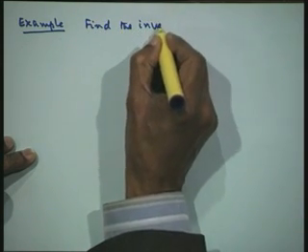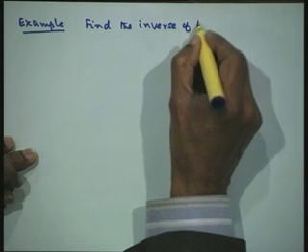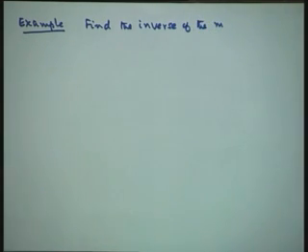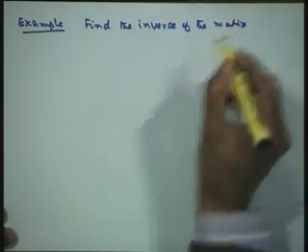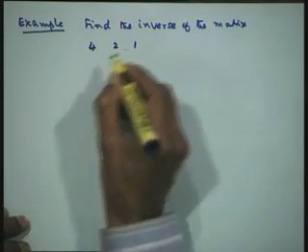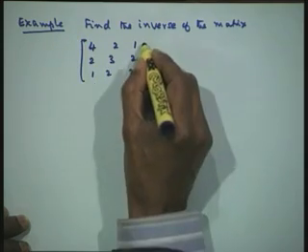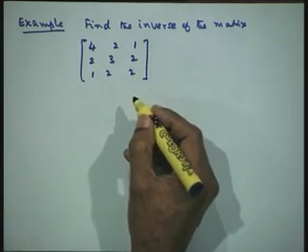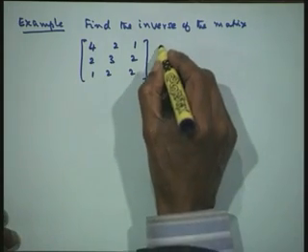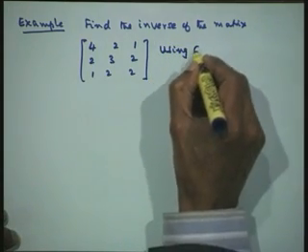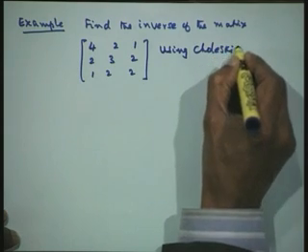Find the inverse of the matrix 4 2 1, 2 3 2, 1 2 2, using the Cholesky method.